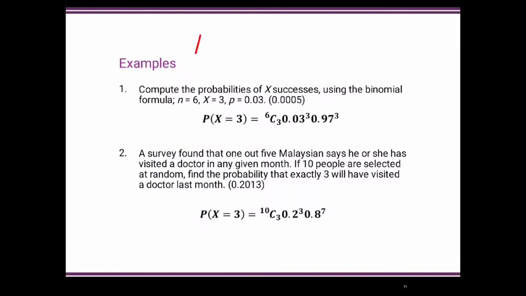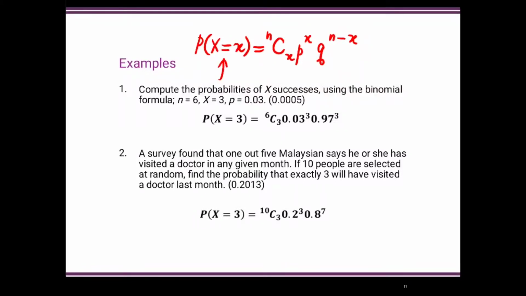The formula is n choose x, times probability of success power x, times probability of failure power n minus x. So you simply plug into the formula. Take note of the formula.